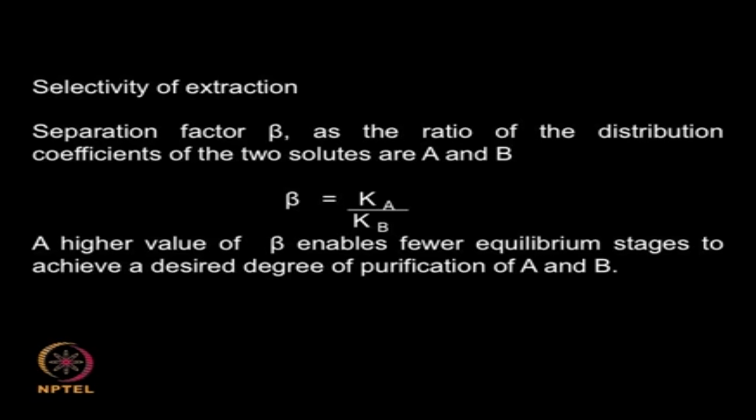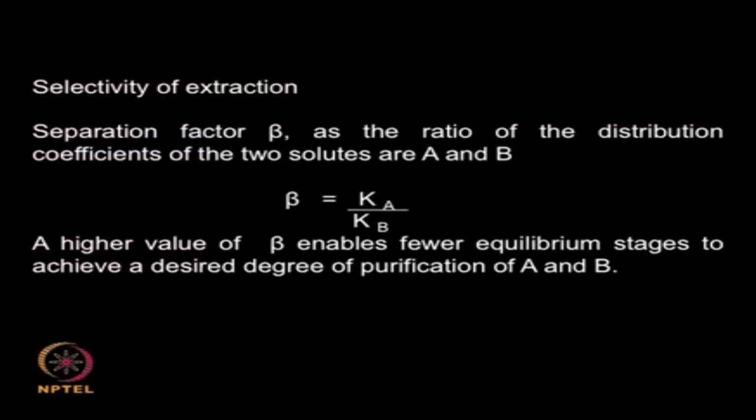So I need to select a solvent which will have more selectivity towards A than towards B. That means Ka should be much larger than Kb, so that although I will extract some B during the extraction, predominantly the solvent will contain only A. So it is not only that the partition coefficient has to be very large, but the ratio of partition coefficients for A and B, that is Ka by Kb, also should be large, so that my selectivity towards A is also large.